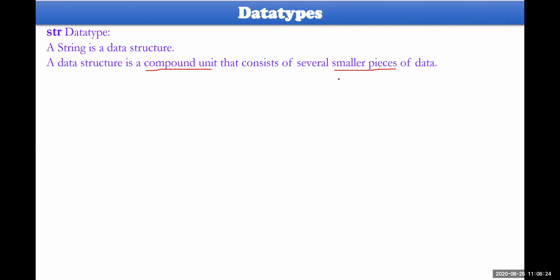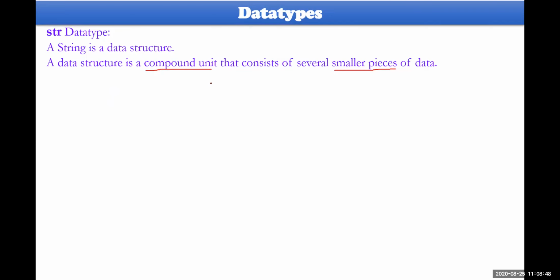Many characters are combined together and will be called a particular string here. So that is why it is called a data structure here. Or simply speaking, in terms of C or C++ programming languages, it is an array, a character array.